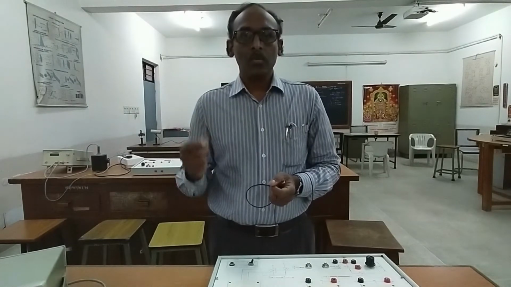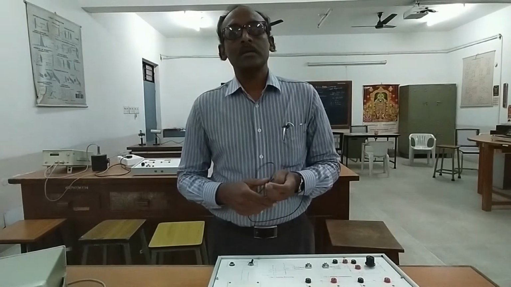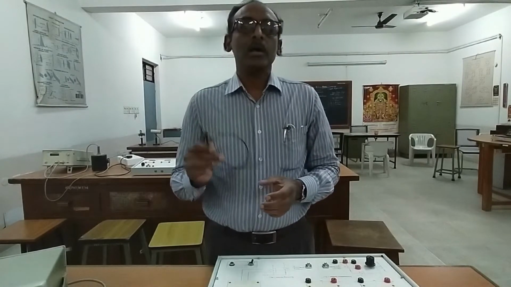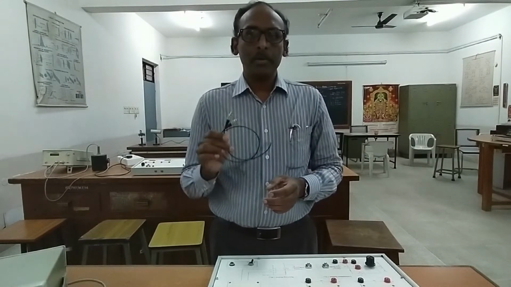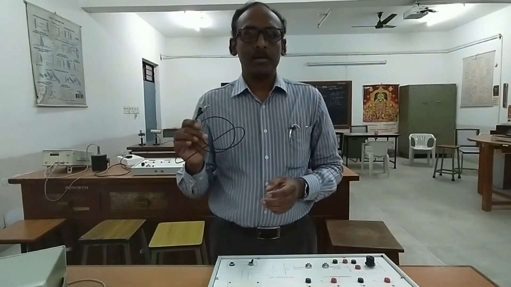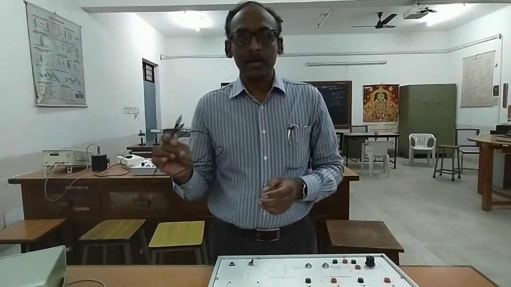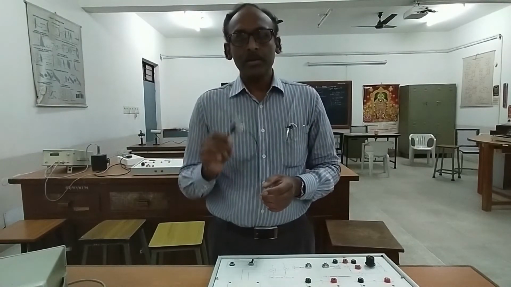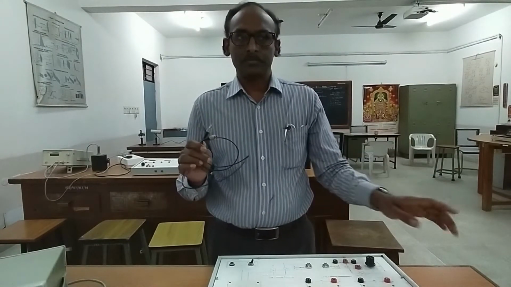So there are different types of optical fibers. Now we are using a plastic optical fiber made of PMMA, polymethyl methacrylate, which is the material used for making this optical fiber.